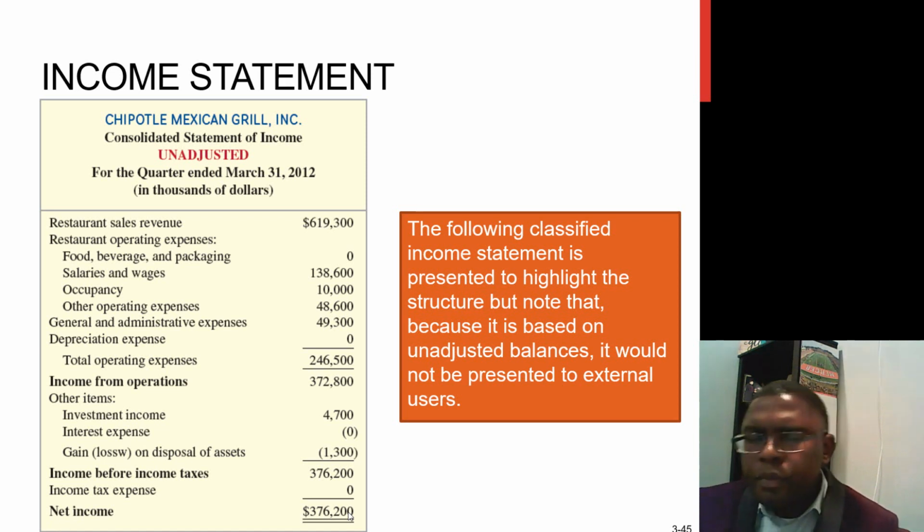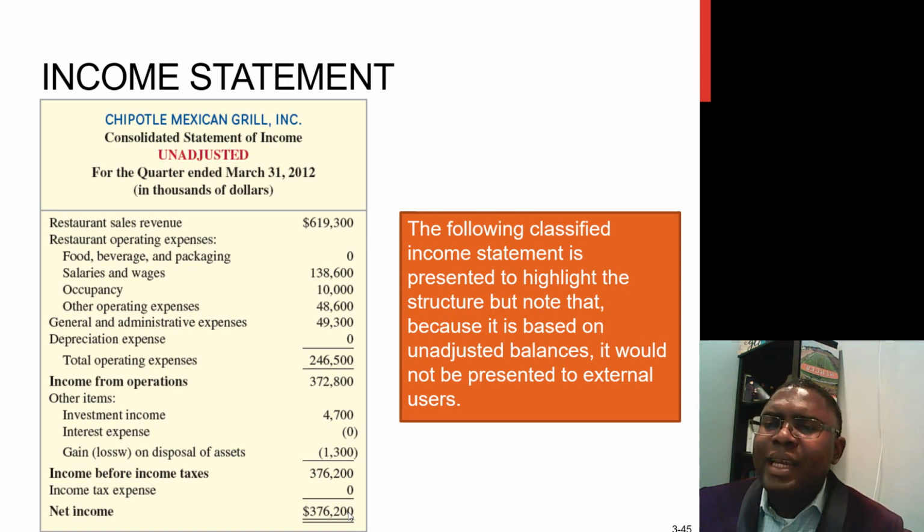So transactions occur, we journalize those transactions, then we post those transactions on the general ledger to those different accounts, those different T accounts.